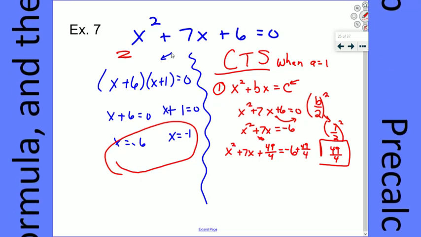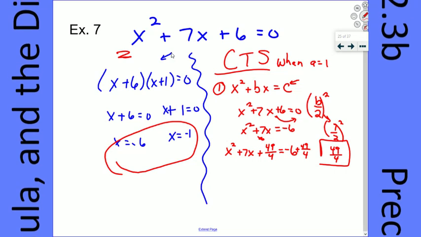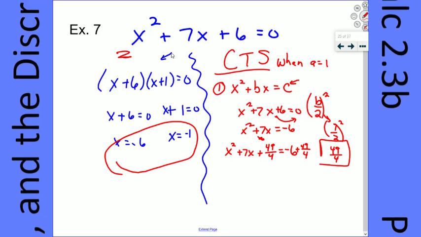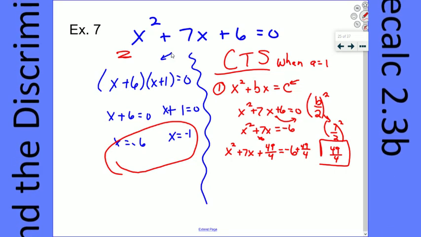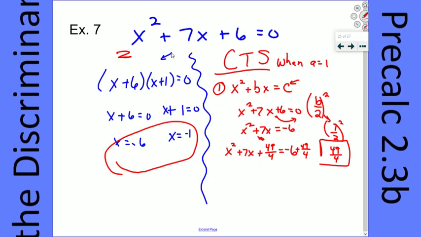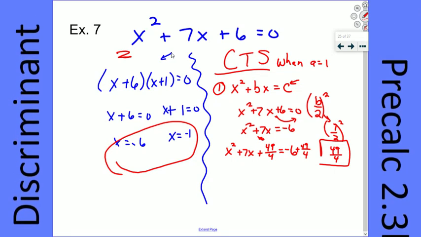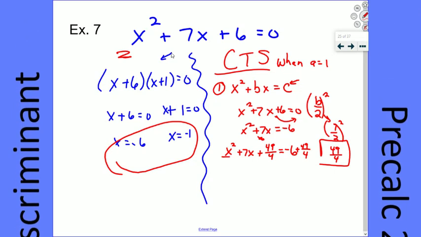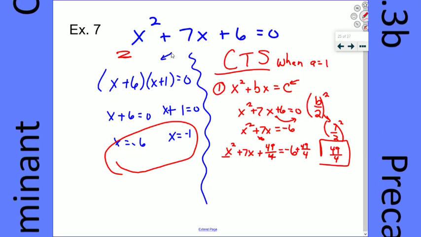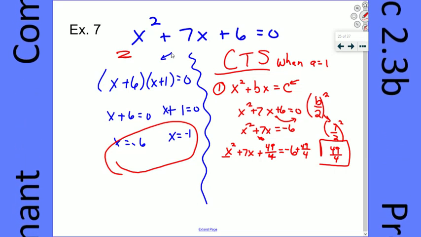So then from here, we now have a perfect square trinomial over on this side. And if you remember back from when we were talking about factoring, this is one of those nice scenarios where we have a perfect square on the left, a perfect square on the right, and then 2 times the square roots of each of those in the middle.